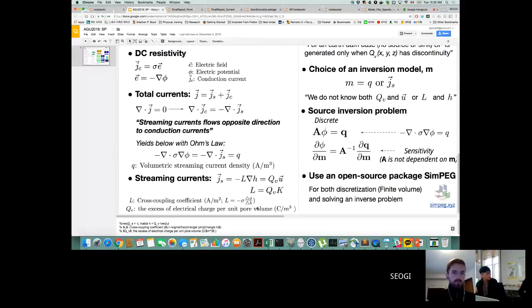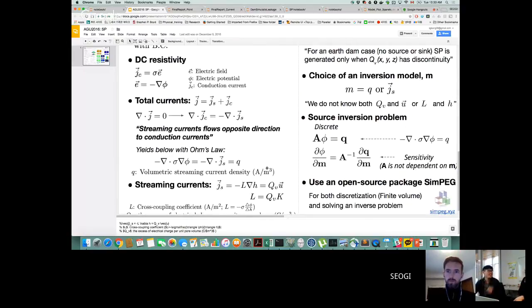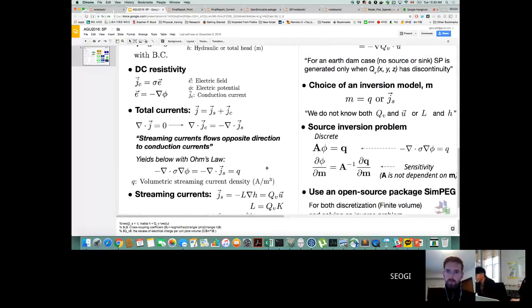It's pretty similar to L, but the units are a little bit different. It's a charge density, sort of how much charge is generated due to water flow, because how much charge is available to move? Right. That's probably right. Yeah, exactly.